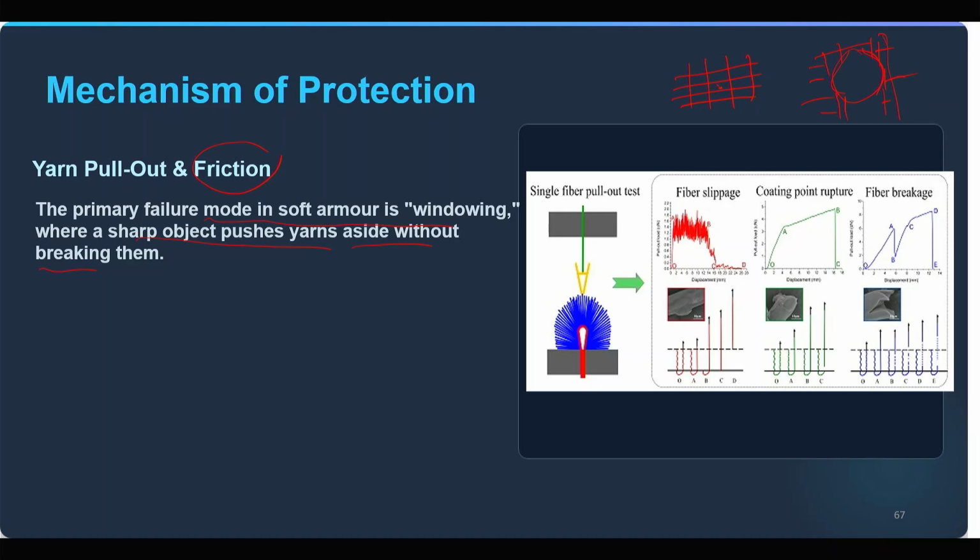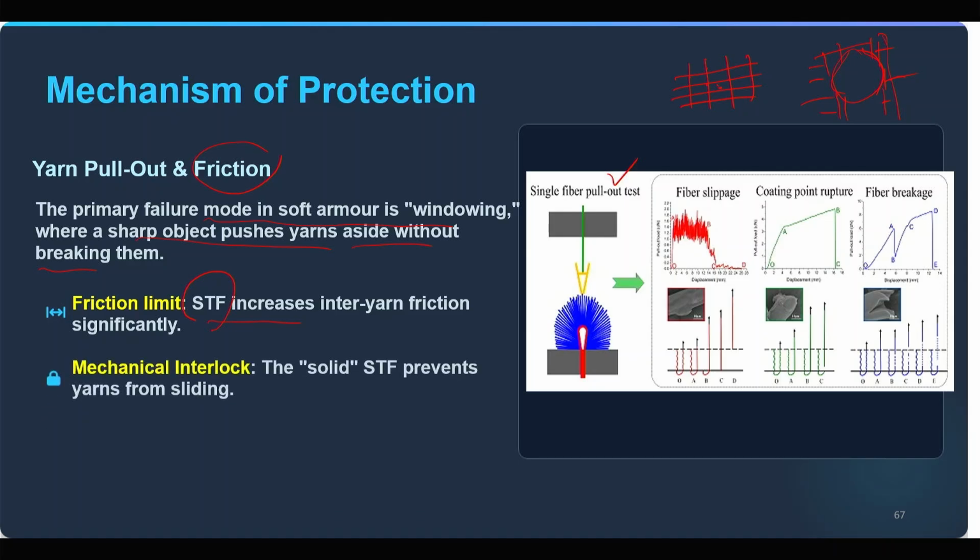This can be reduced by improving the inter yarn or inter fiber friction, and that is tested by the single fiber pull out test. The shear thickening fluid increases the inter yarn friction significantly, and this enhances the mechanical interlocking.